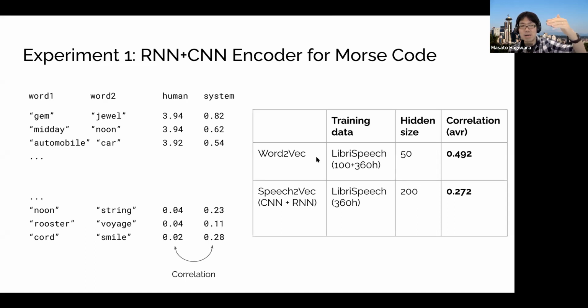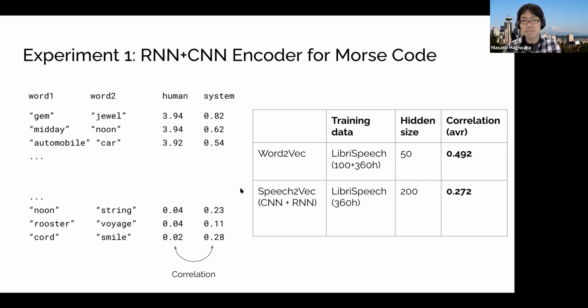So that's kind of an upper bound of our experiment. And if you use speech2vec, which does rely on the audio input, it doesn't know the word identities, but it can hear what this word sounds like in Morse code, and then it tries to figure out the relationship between the words. And it gives you a correlation of 0.272, which is not random, but not great.